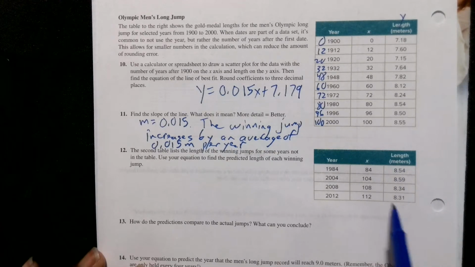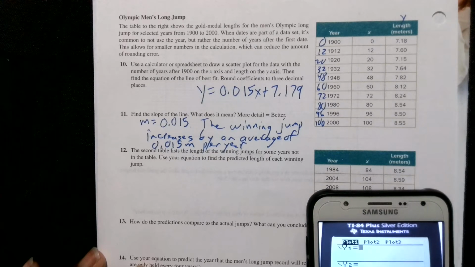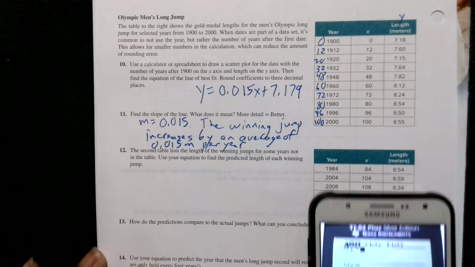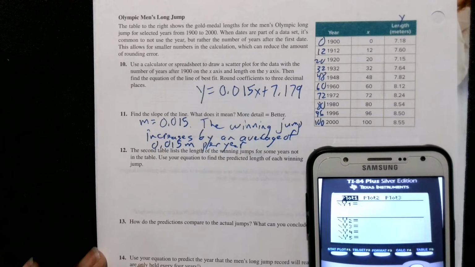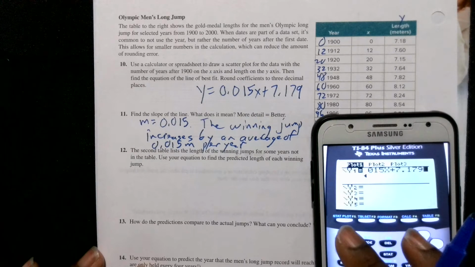Now this right here is the actual amount. So to get our predicted jump, we can go to y equals, clear this out, and type in the formula that we have, which is y equals 0.015x plus 7.179.